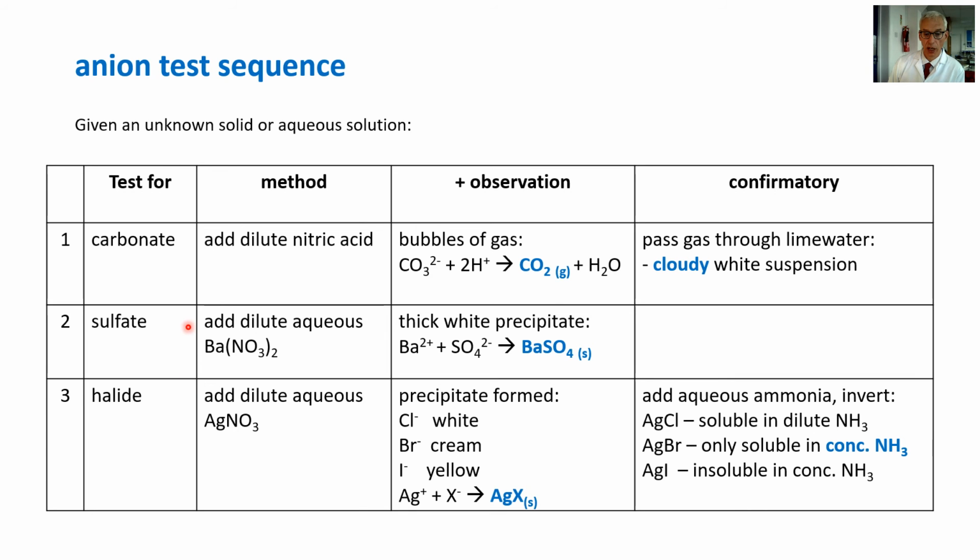Similarly, if you are going straight to a test for a sulfate, then you must, as a first step, add drops of dilute nitric acid. In both cases, you are ruling out a carbonate. Carbonates form precipitates with virtually everything. So you need to rule out the carbonate before testing for the sulfate or testing for the halide.